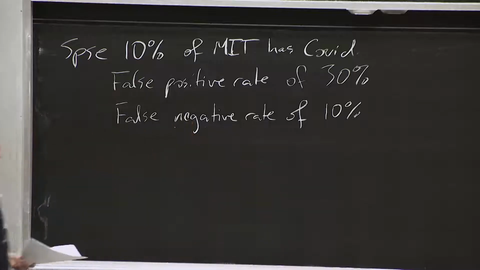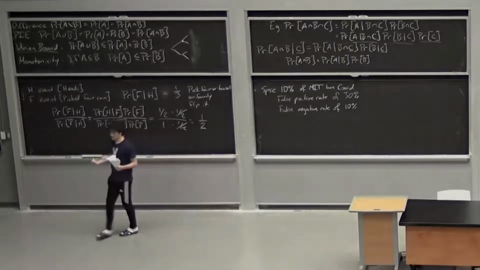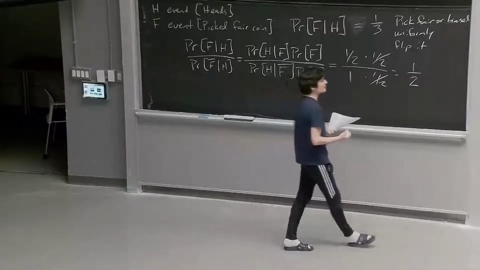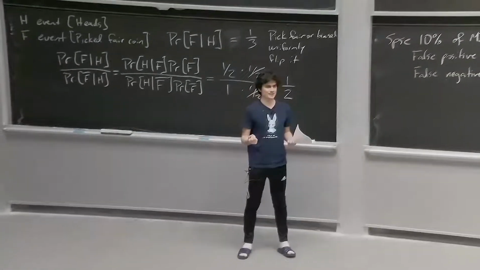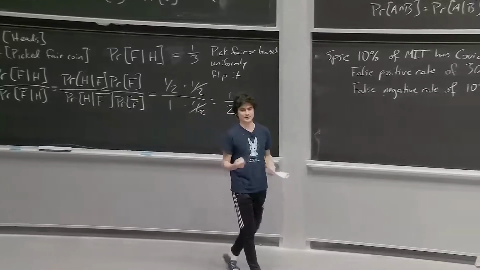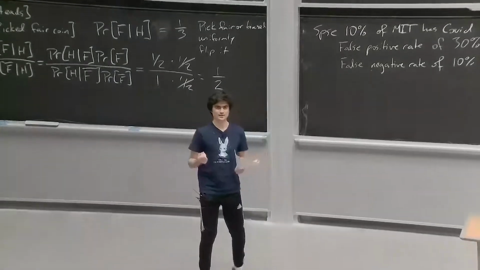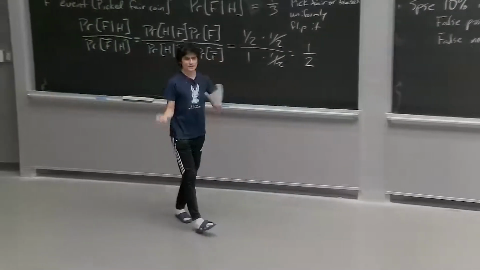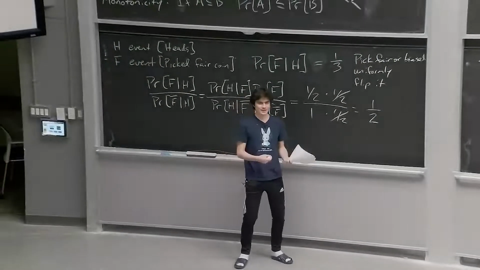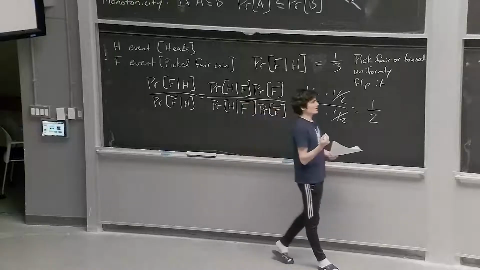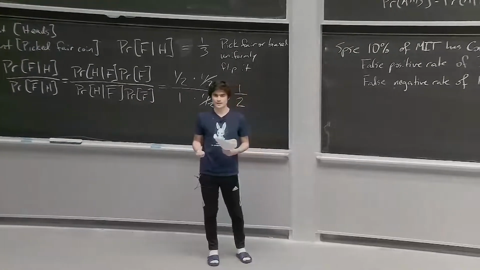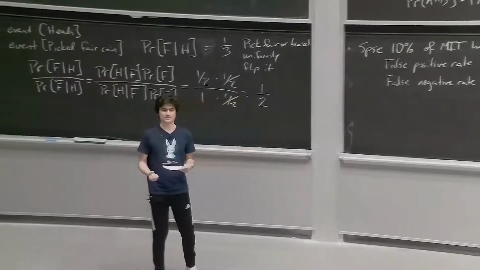False positive rate means, if I am healthy and I take a COVID test, there's a 30% chance that it's going to be wrong and say that I have COVID. So it's falsely reporting a positive result. And false negative is the opposite. If I'm sick and I take a COVID test, there is a 10% chance that it does not detect it and reports that I'm healthy. Does the setup make sense?